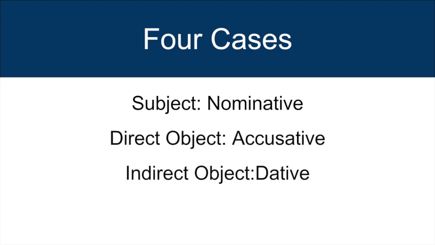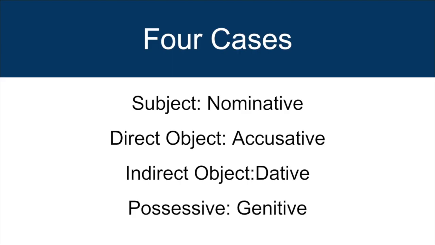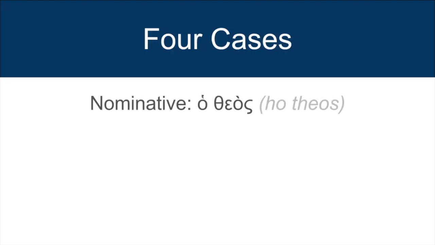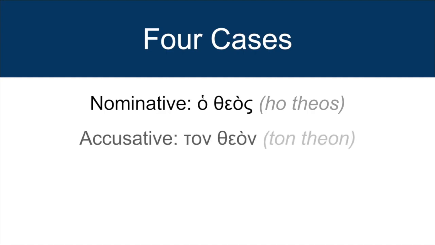So we have 4 cases. The subject is nominative. The direct object is accusative. Indirect object is dative. Possessive is genitive. Those are our 4 cases, whether it's the subject, what's doing the action, ho theos. That would be if God is doing the action.